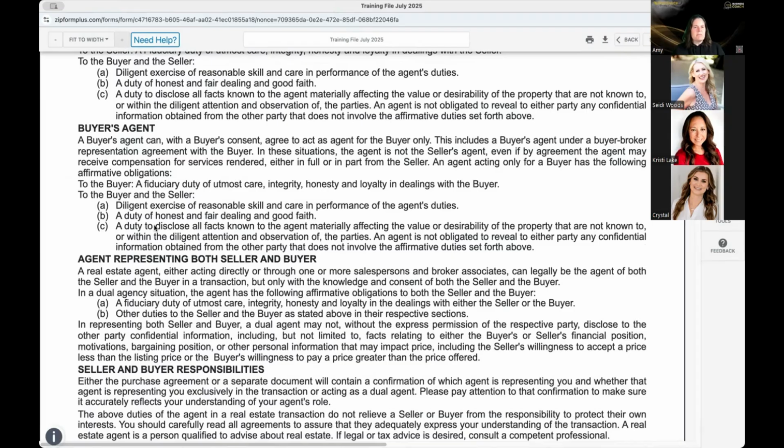No matter how you're being represented, as an agent you have the responsibility of diligent exercise of reasonable skill and care in performance of your duties, a duty of honest and fair dealing in good faith, and a duty to disclose facts known to the agent materially affecting the desirability of the property. Those duties are owed to all parties in the transaction, no matter how you're representing somebody.